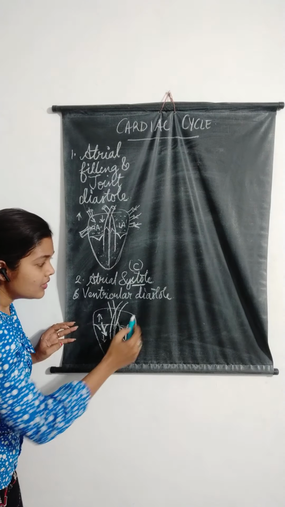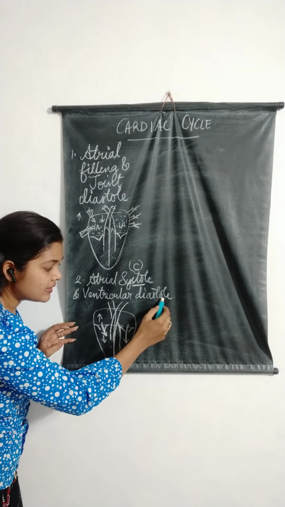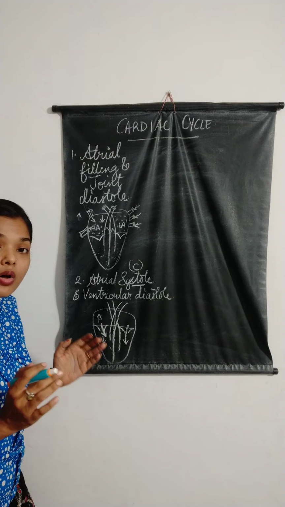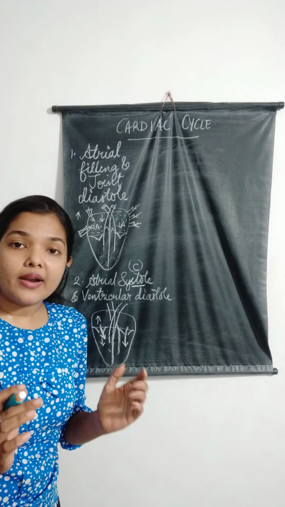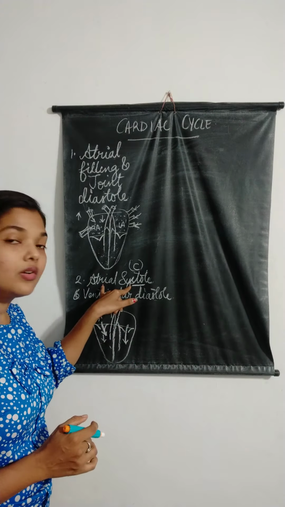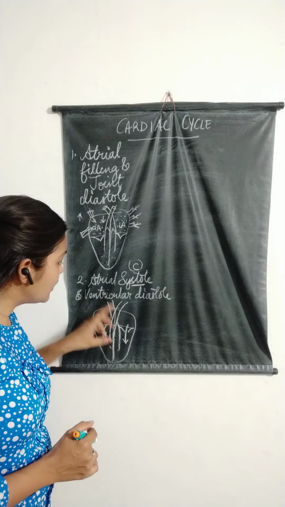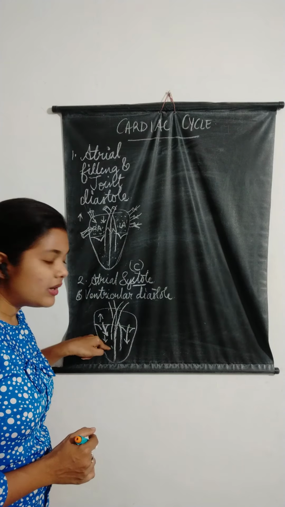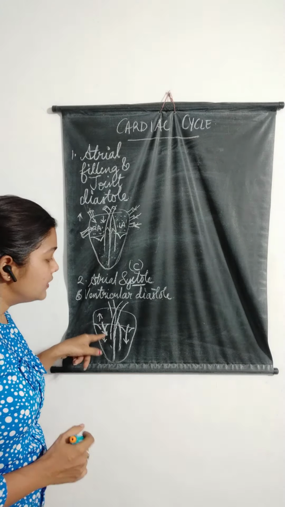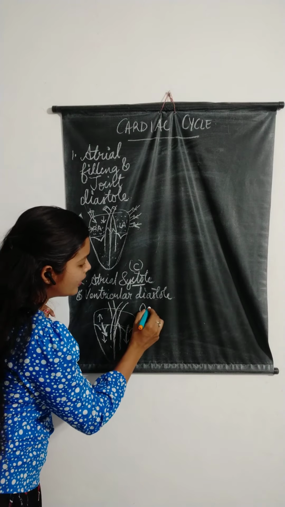So the ventricles are in diastole, while the atrium exerts pressure and the muscles of its wall contract, giving rise to atrial systole. Atrial systole brings about the movement of blood. Blood rushes from this part to the next part. This takes almost 0.15 second.